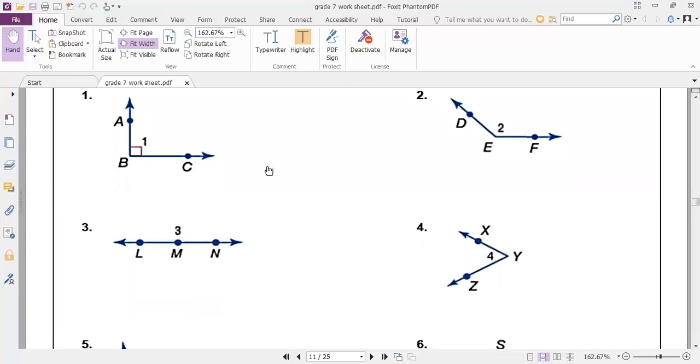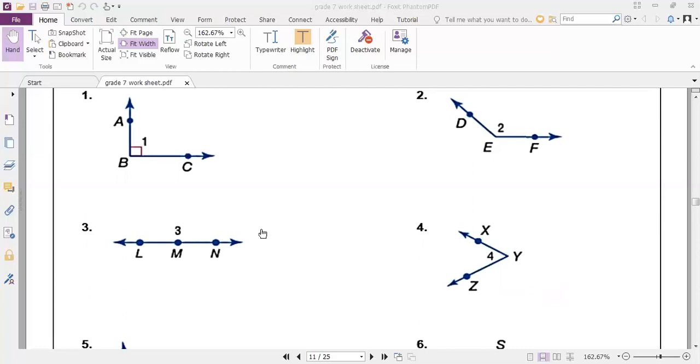Okay, number 3: if I have the angle LMN, this angle is straight here. Angle LMN is called a straight angle. Why? Because this measure is 90 degrees plus 90 degrees, which means 180.